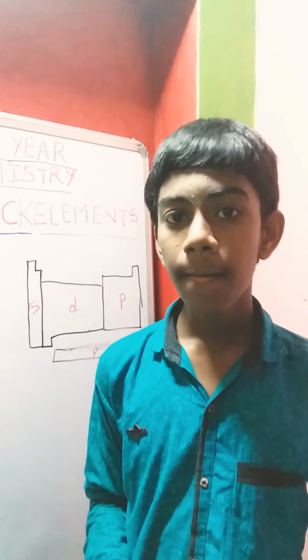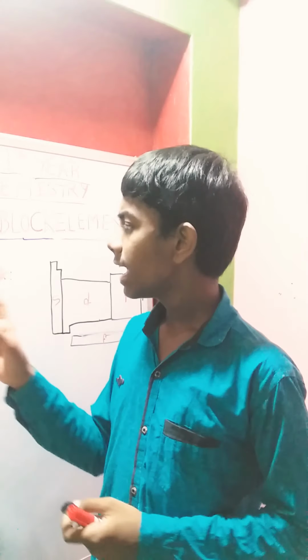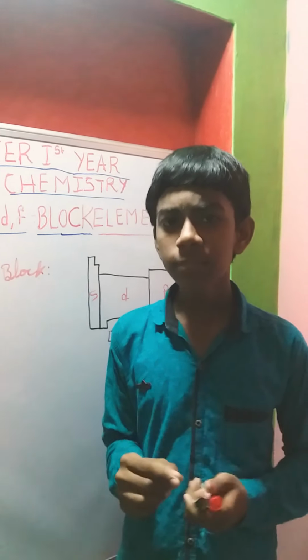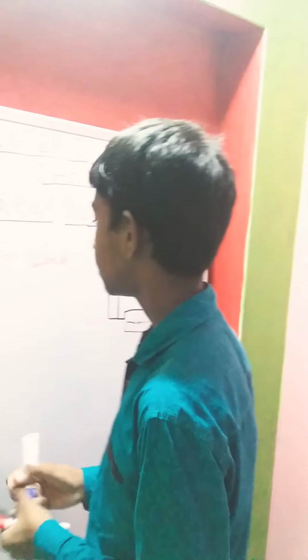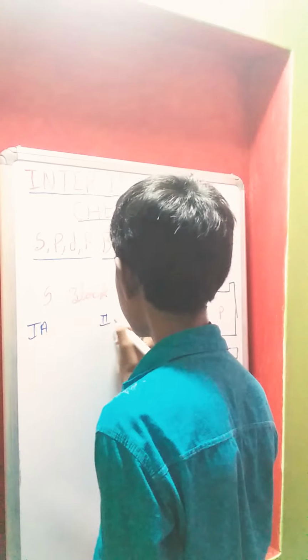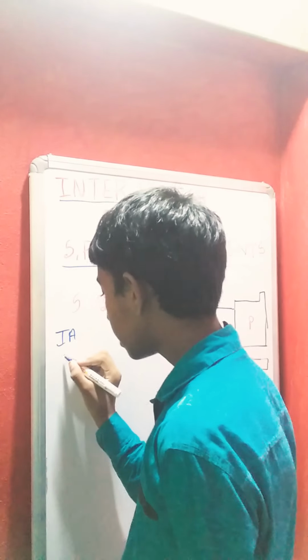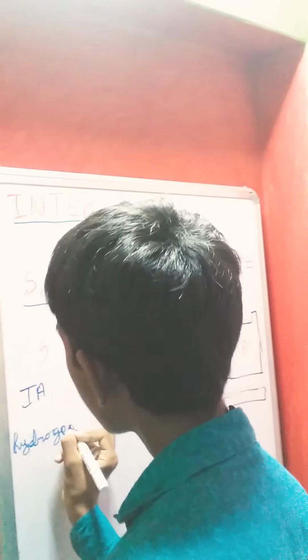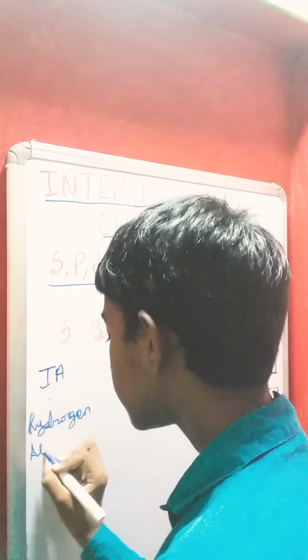The elements in which the differentiating electron enters into the outermost S sublevel are called S block elements. It has two groups: 1A and 2A. 1A includes hydrogen and alkali metals.